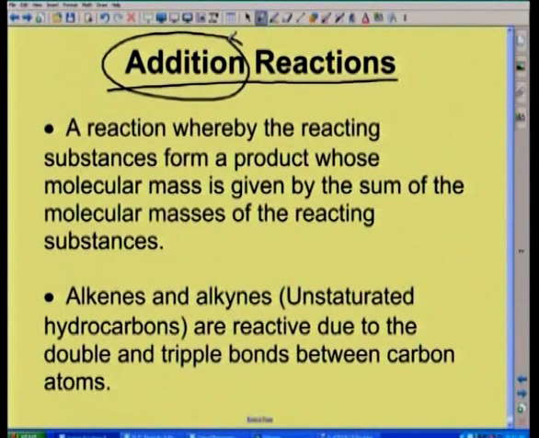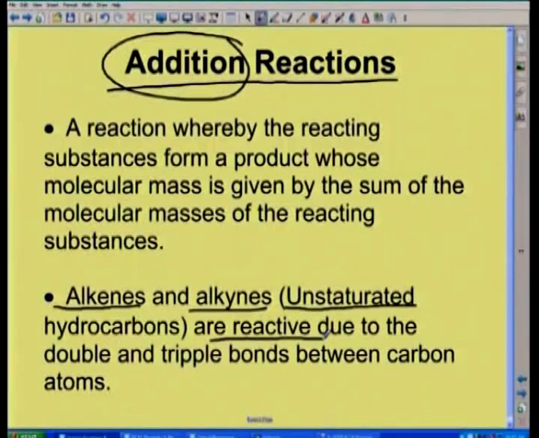And what are those organic molecules that are not saturated? These are what we call the alkenes and the alkynes. These are unsaturated hydrocarbons. And because they are unsaturated, they are reactive. They can still receive more in their molecular structures.